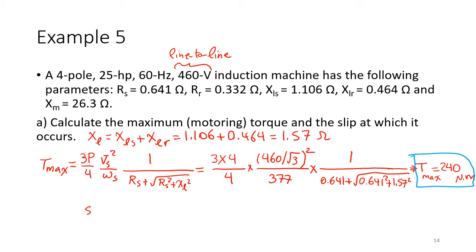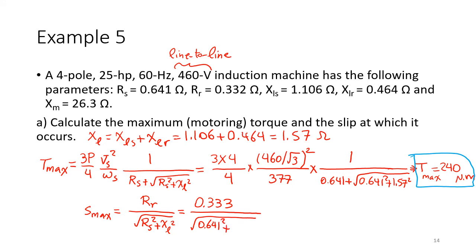S max will be equal to RR over the square root of RS square plus XL square, which will be equal to 0.333 over the square root of 0.641 square plus 1.7 square.